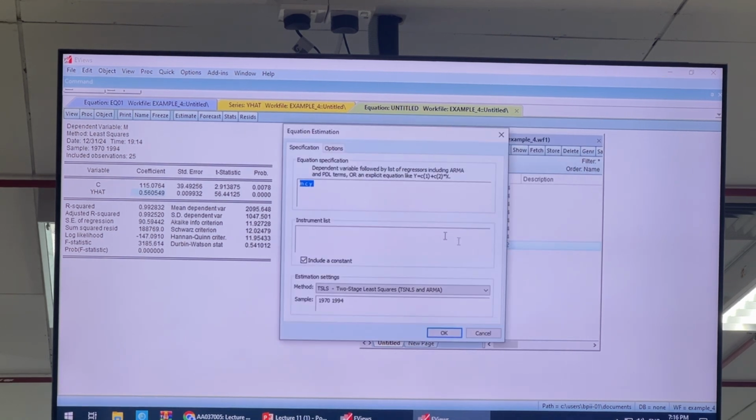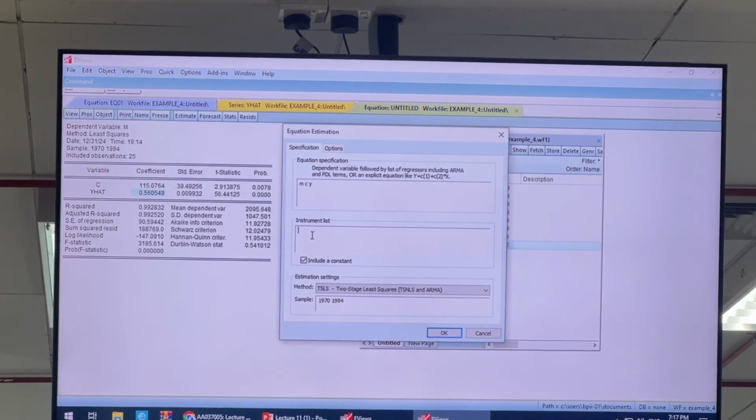Okay, so you get this one. This is the model one estimate, but you need to put the list of instrumental variables. That is the list of our exogenous variables. Here our exogenous variables are I and g, right?